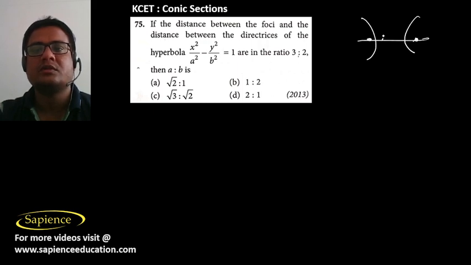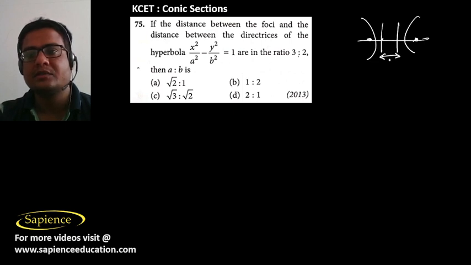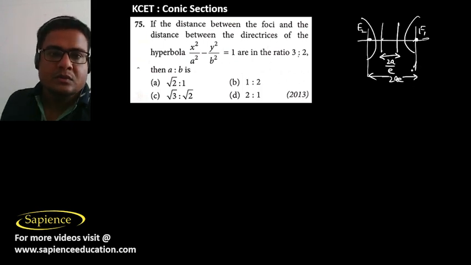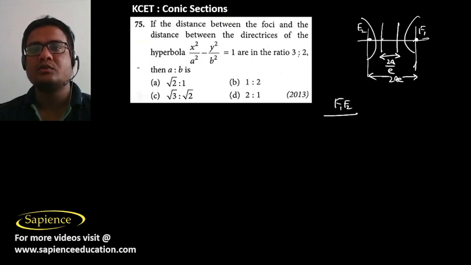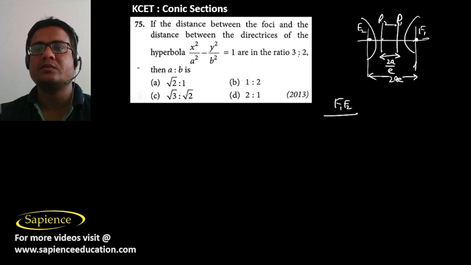The distance between the directrices is 2a by e units, and the distance between the two foci F1 and F2 is 2ae units. So the ratio of the distance between the foci F1F2 to the distance between the directrices D1D2 is given as 3 by 2.